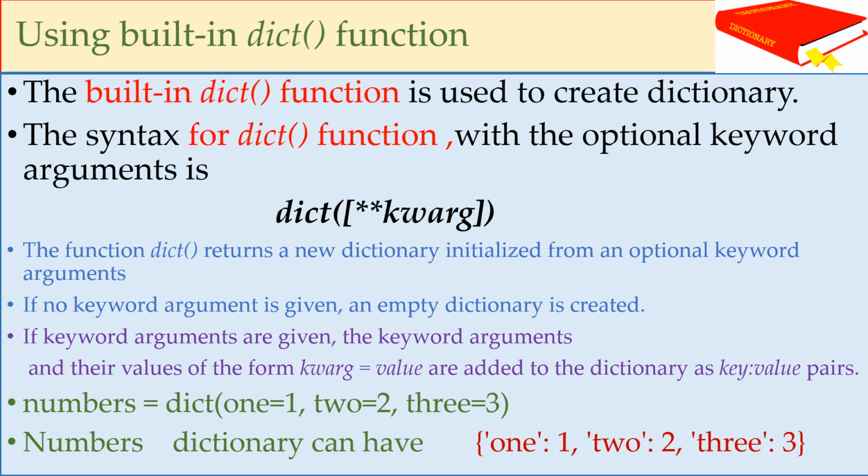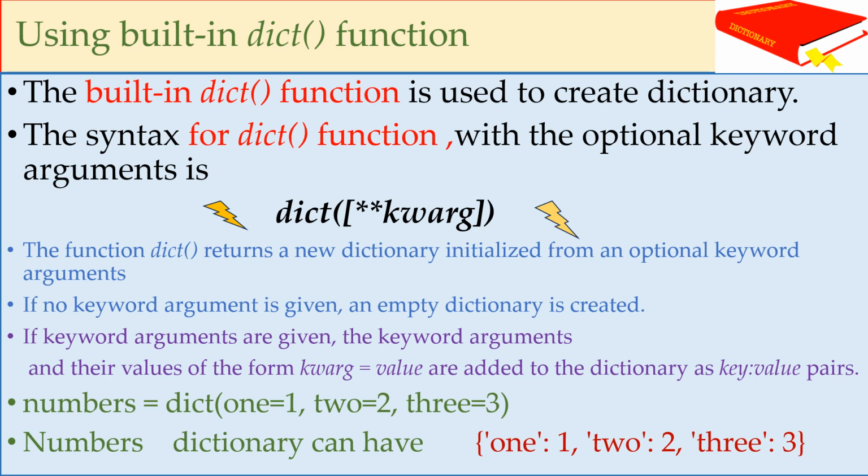There is another way to create a dictionary by using the built-in dict function. The syntax for the dict function, when the optional keyword argument is used, is as given: dict of some keyword arguments within the square parenthesis. The function dict returns a new dictionary initialized from optional keyword arguments, and if no argument is given in the dict function, an empty dictionary will be created.